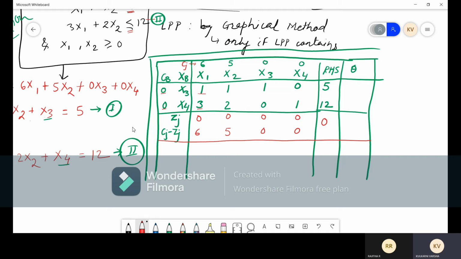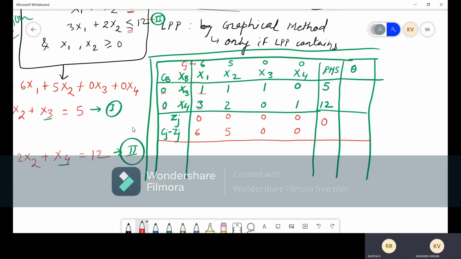The algorithm will stop when we do not have any positive value over here. If all values are negative or zero, then the algorithm will stop. We should have some positive value to go to the next iteration. Leaving zeros aside, in this case we have two positive values, 6 and 5, right?